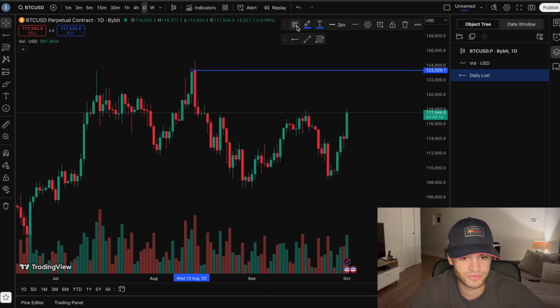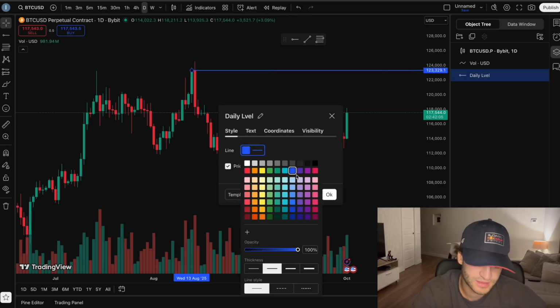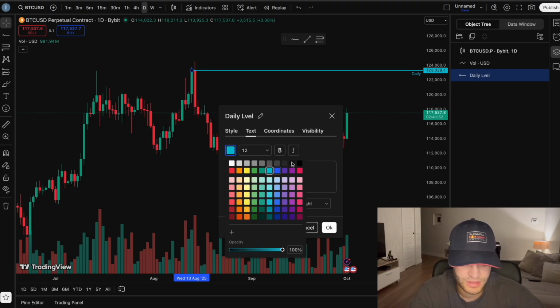And then what you can also do is create a template. Typically, I assign different colors for my levels, typically this type of blue for my daily levels. I name them daily level, put this, the bottom is fine, to the right, same text, boom.